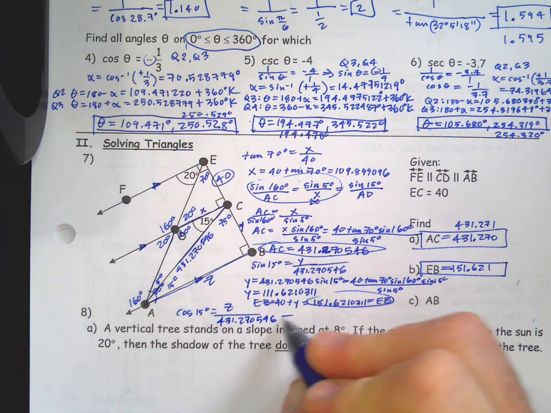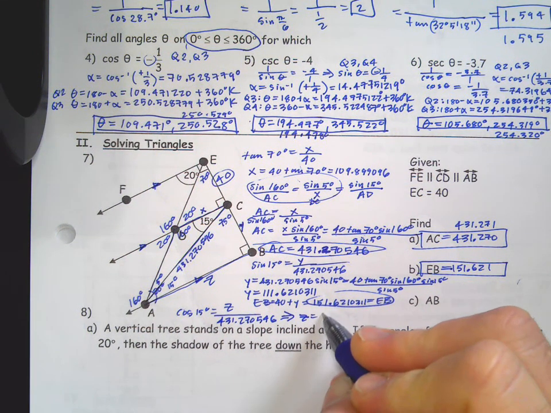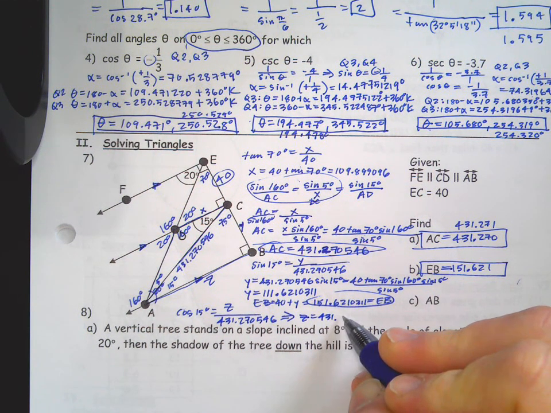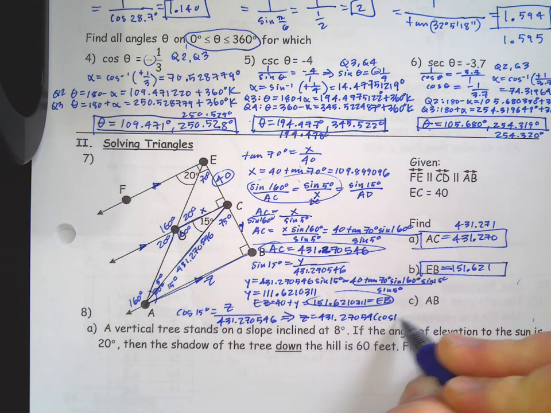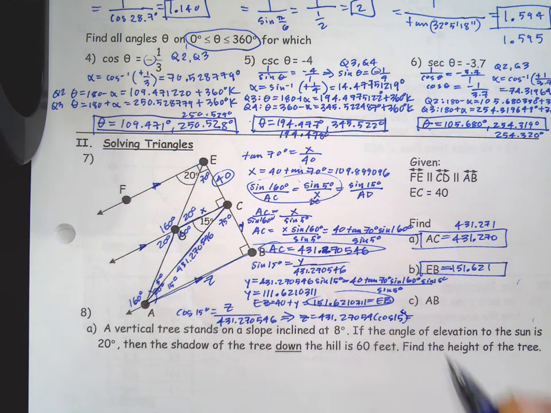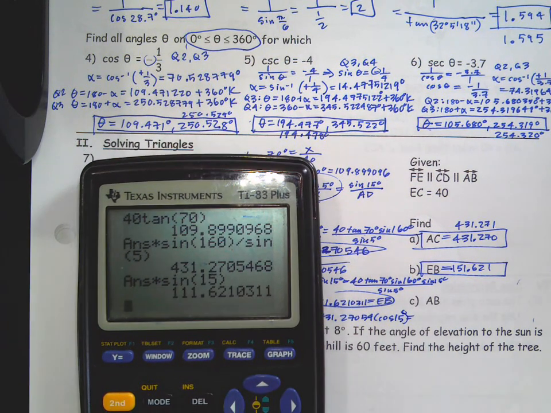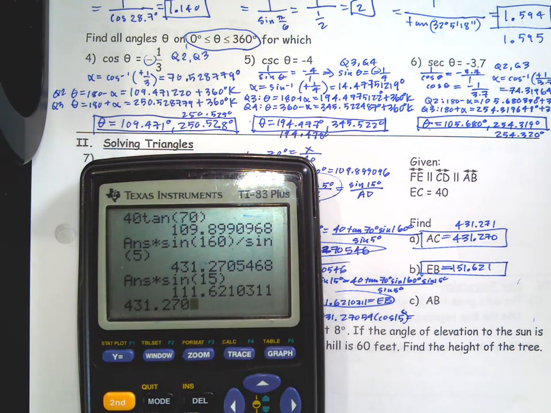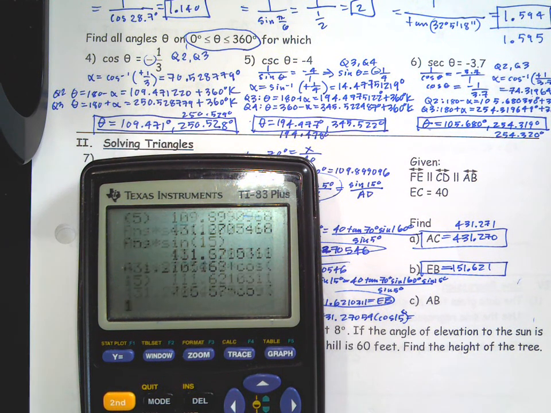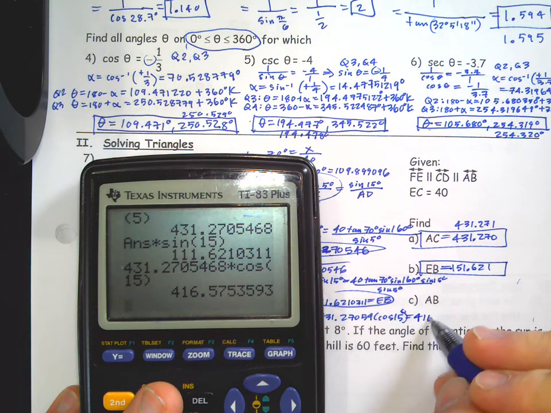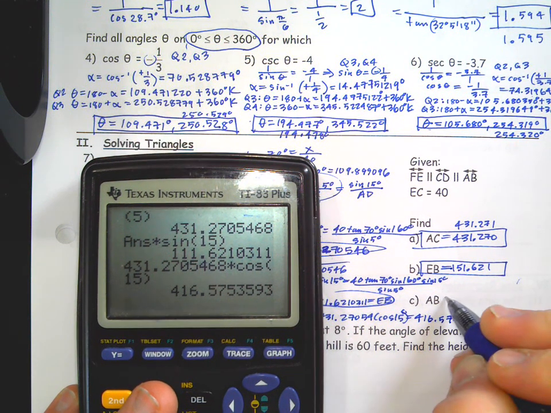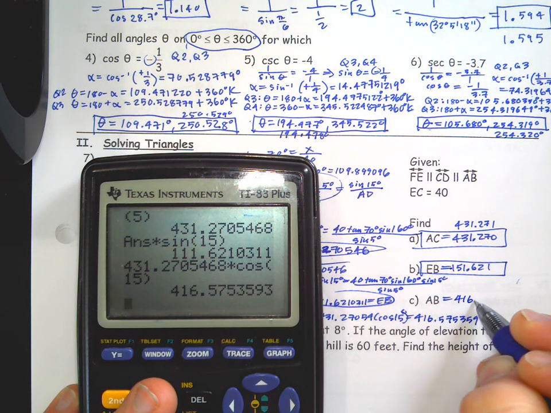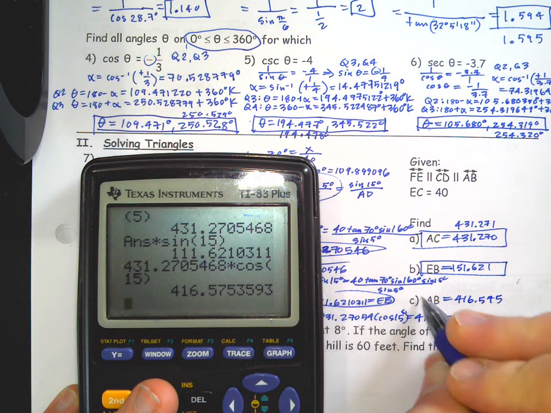So then Z equals 431.270546 cosine of 15. So 431.2705468 times cosine of 15 equals 416.575359. So here it's going to be 416.575. Rounded or truncated comes out the same.